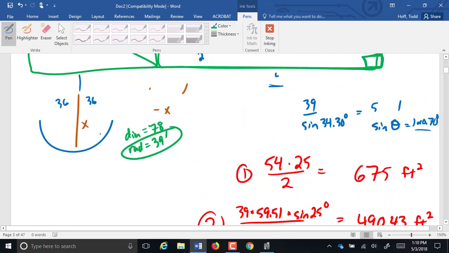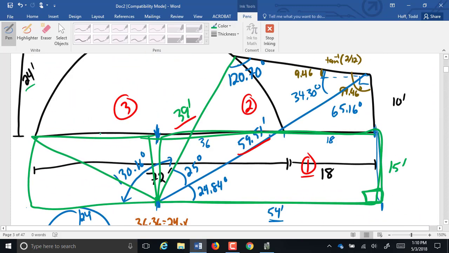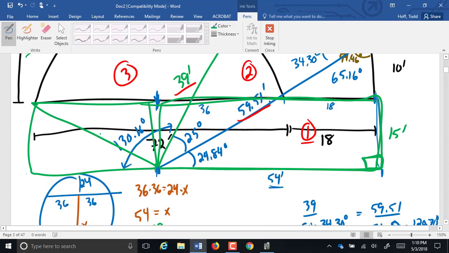What did you do for that one, Ryan? Oh, it's got to be 36, because this up here is 36. Oh, gotcha. Yeah, that's not going to work. We've got to have this angle right here is what we need.